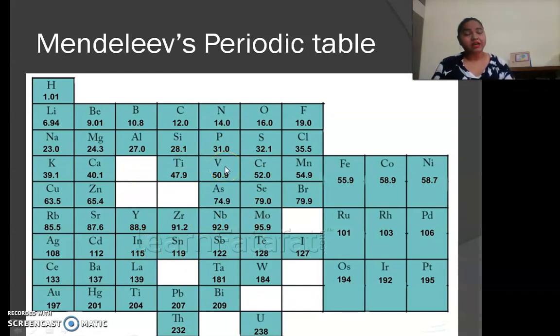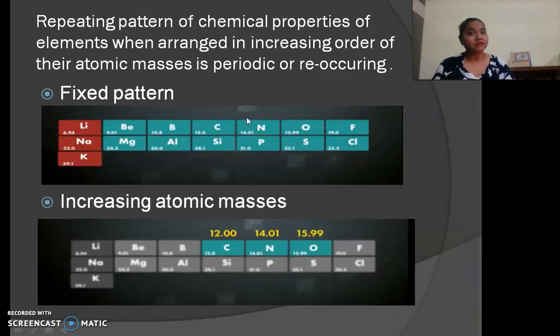Another thing, besides similar properties, he considered the increasing order of atomic masses while placing the elements in the table. And then he observed a fixed pattern. In that pattern, he observed that elements having similar properties were occurring in the same group after a gap of 6 elements.